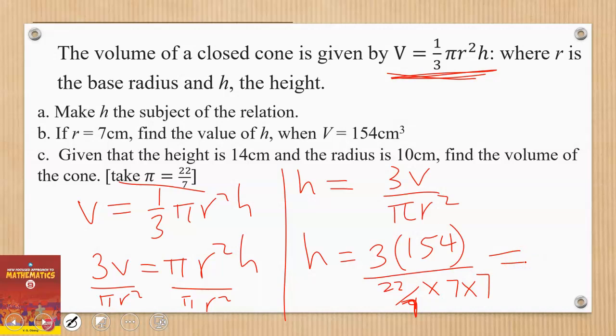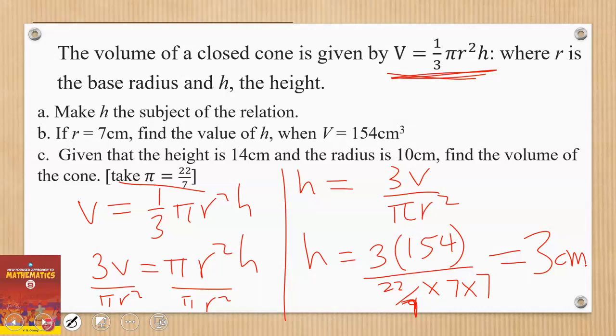Now the rest is just arithmetic, and you can break the numbers into smaller forms at this very stage. So I'll go ahead and provide the answer for you to take your time and see if you can break it down to that answer. So we are going to have 3 centimeters as our height after dividing 3 times 154 by 22 over 7 times 7 times 7.